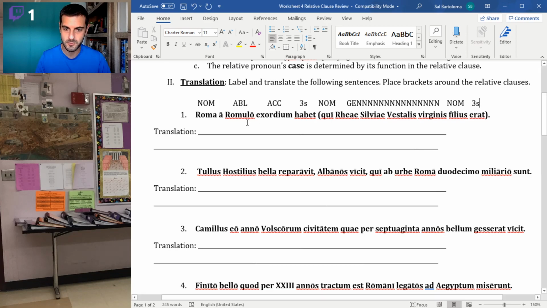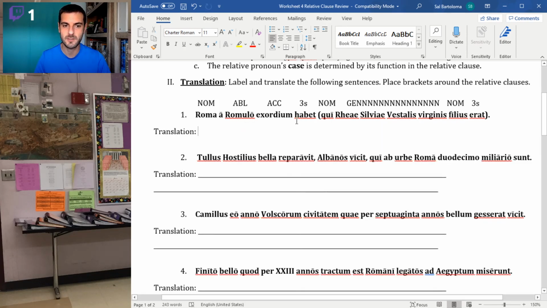So pretty straightforward sentence. The trickiest part of this sentence is knowing what he's talking about when he says Roma habet exordium. So literal translation, Rome has its origin a Romulo. It has its origin from Romulus.